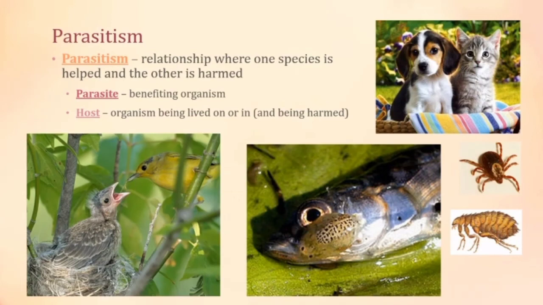Parasitism benefits one organism whilst harming the other, and as such is not considered to be a symbiotic relationship between host and microorganism. The parasite is the benefiting organism, and the host is the organism being lived on or in or being harmed.